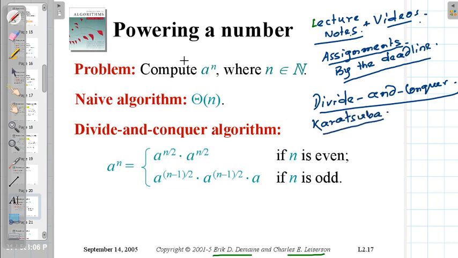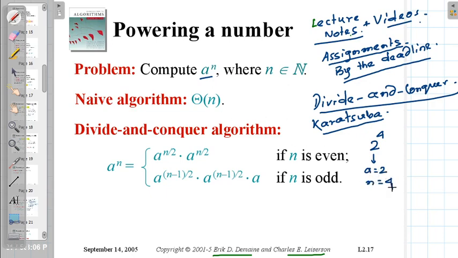And right now we will discuss one algorithm for computing a power n, from this 2005 course of Eric Demaine and Leiserson. Say you have to calculate 2 power 4. Here a equals 2 and n equals 4.